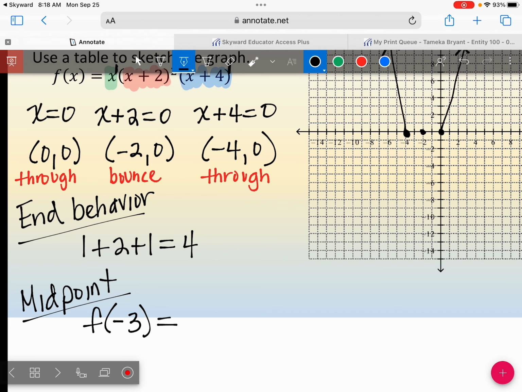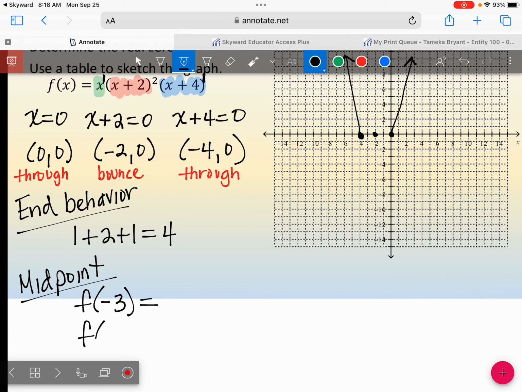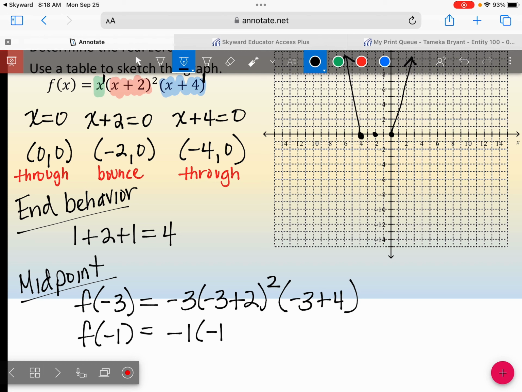So we have to find f of -3 and f of -1. I just plugged in the x value that I'm looking for. So pick up your calculators and get your points.